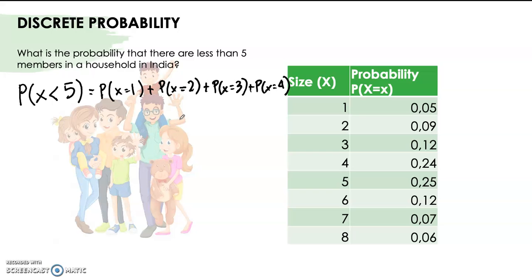We just need to count up to 4 because the question is less than 5. If it is less than or equal to 5, then 5 is included here.